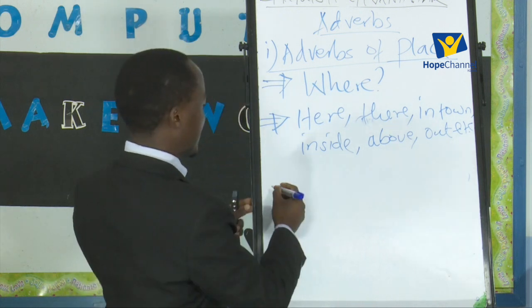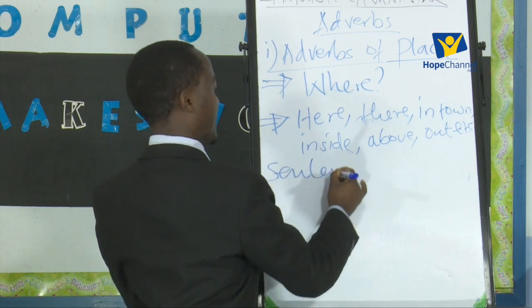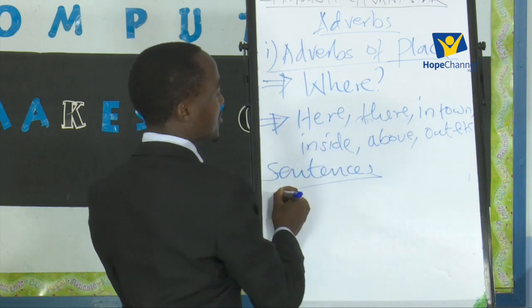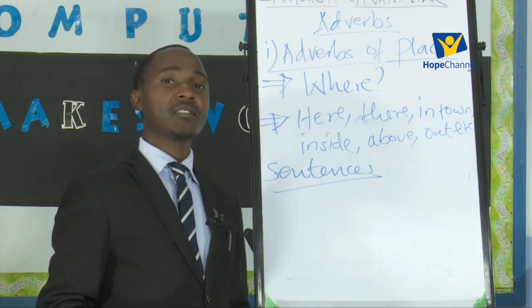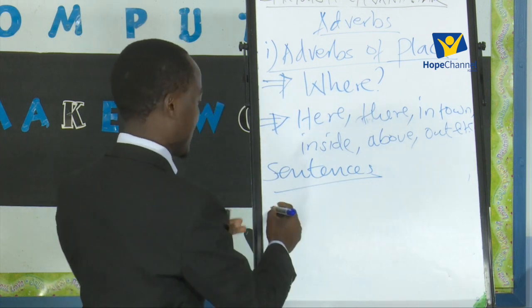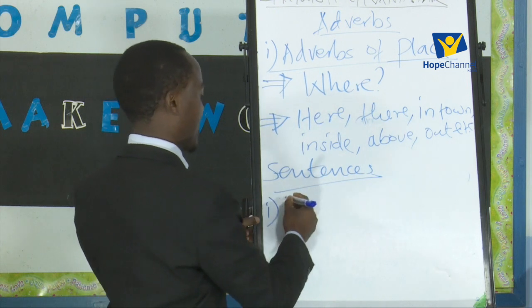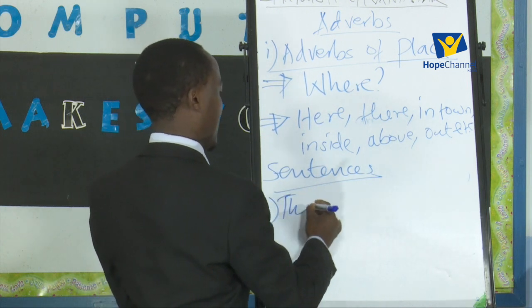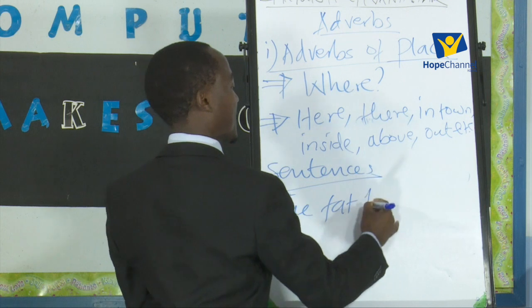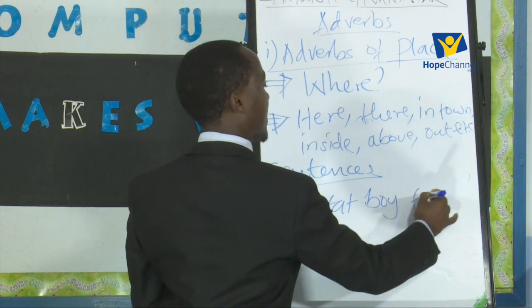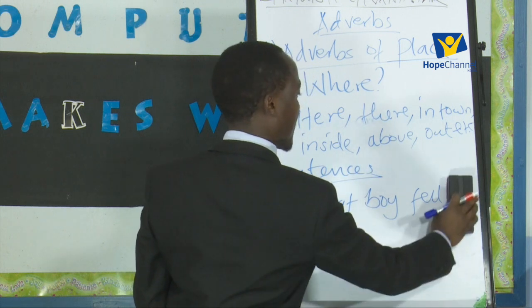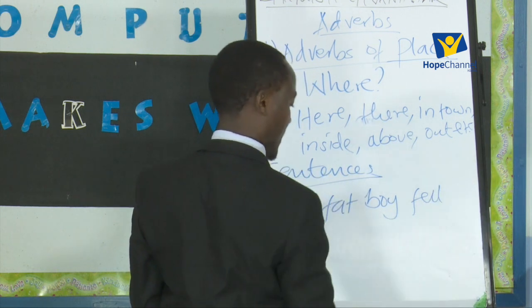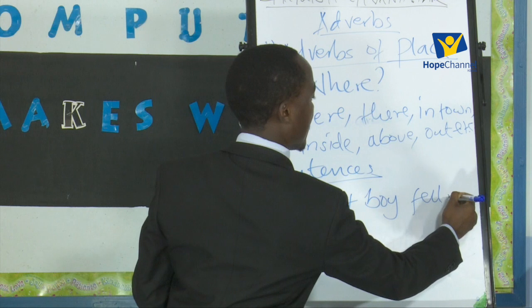So how do we use them in sentences? When we want to use adverbs of place in sentences to show where an action took place, we can use an example like the fat boy fell inside.